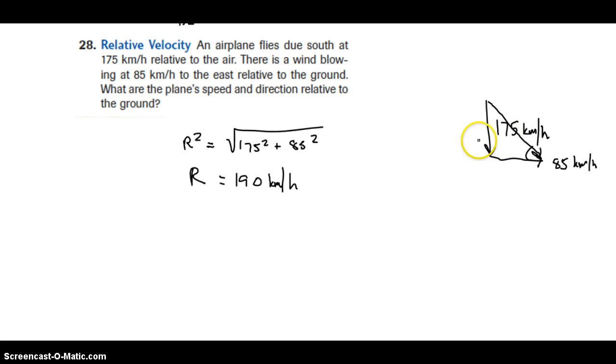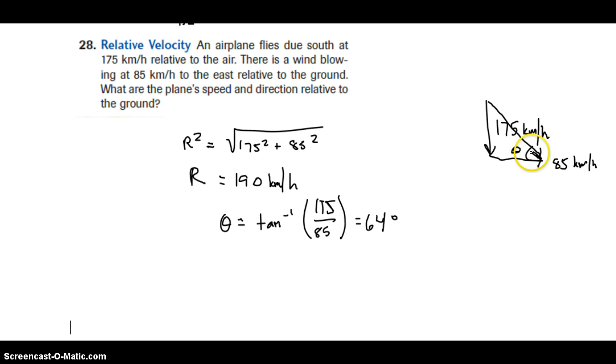We're going to take the inverse tangent of 175 over 85, and that's going to give us 64 degrees for that theta right there.